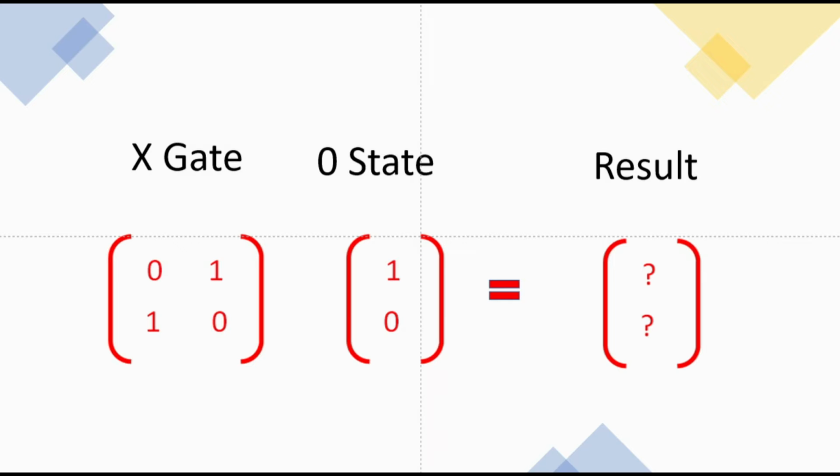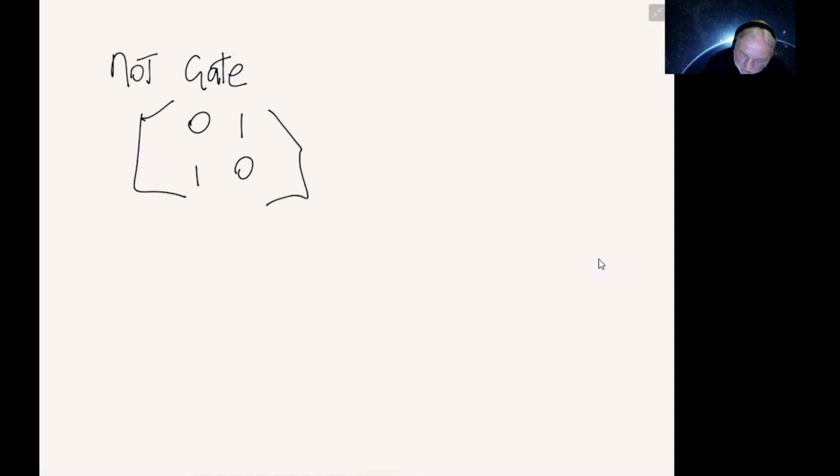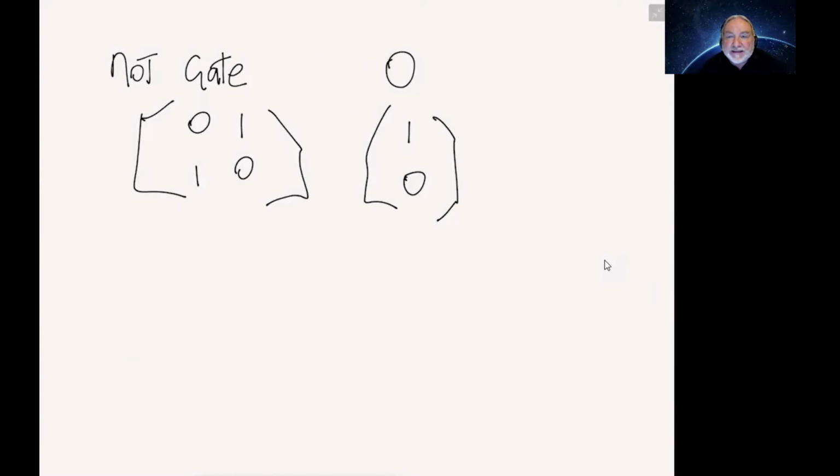Well, I'll show you. Okay, so what we have is the NOT gate. And remember, this was 0, 1, 1, 0. And the qubit is initialized to 0, which we show as a column vector 1, 0. So now we have to multiply these together. Well, can we?